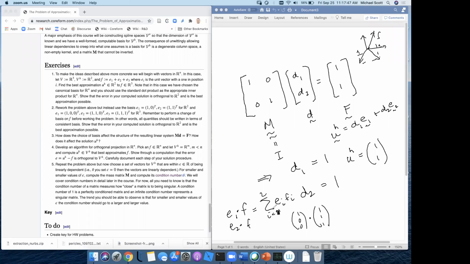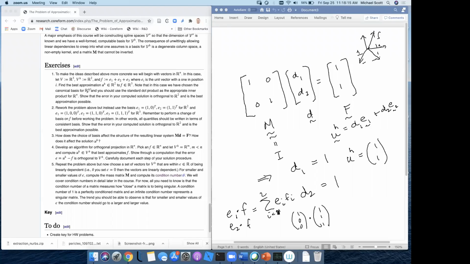But I could definitely come in here and specifically say that the EIs are in. Because it looks to me like the EIs are in R3. If F is within R3, EI would need to be in R3 as well. So I'm kind of wondering why. Well, that's what this statement says: note that in this case, we have chosen the canonical basis for Rn. So if n is equal to 2, we're using the canonical basis for R2.